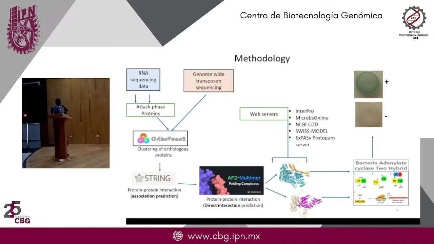As a methodology, we recovered already published RNA sequencing data in Bdellovibrio. From this RNA sequencing, we focused on the proteins expressed in the attack phase, and we combined that with genome-wide transposon sequencing.